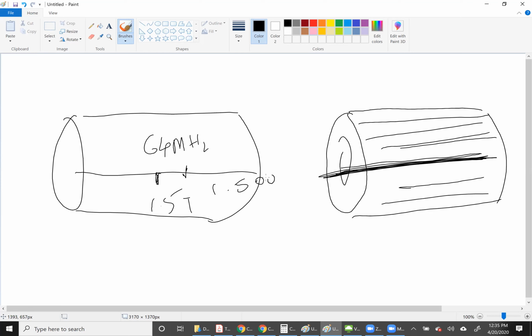Here, 1.50002. And the other way, you might have 1.499, something like that. So what that does is that we know exactly the location of the information that we are getting from. And that's what the gradient coil is for. There are other reasons for the gradient coils, but they give us three-dimensional information inside the body.